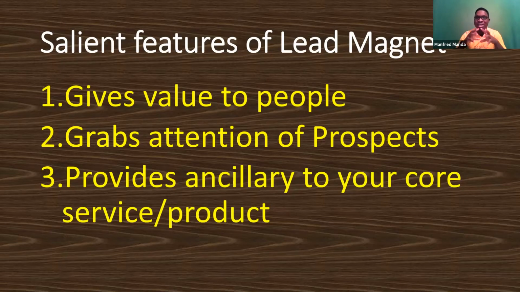So it has to be ancillary to my core product or service. Before you prepare your lead magnet, you have to keep in mind that you have your core product or core service, which your lead magnet will be explaining to attract people to pull them into your core product or service.